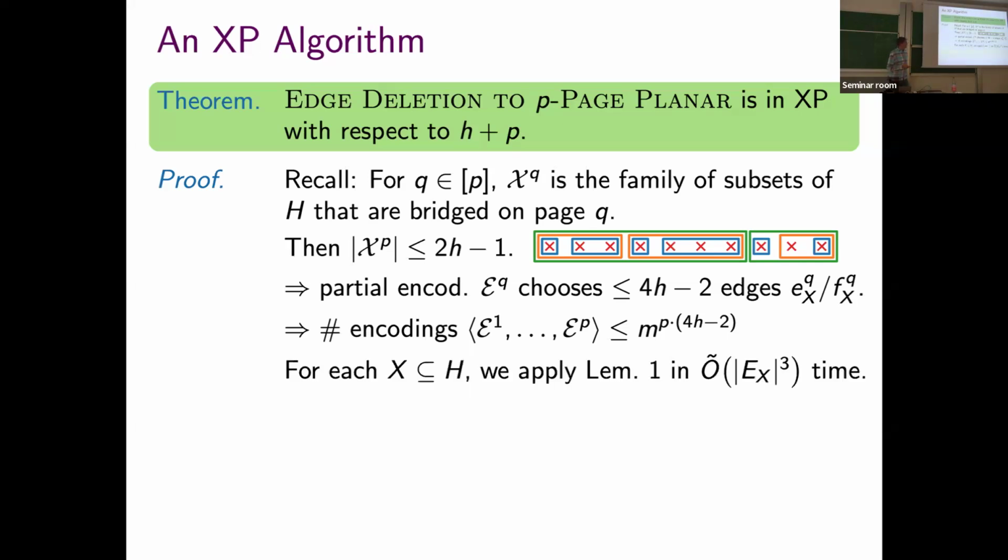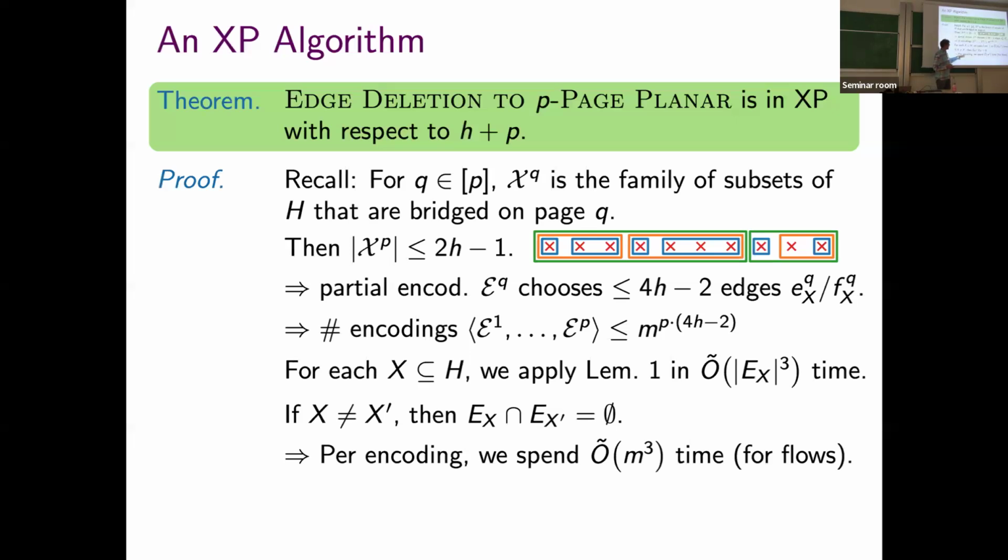Okay, and now for each subset of our hitting set, we apply lemma 1 in cubic time, roughly. If two subsets of the hitting set are different, then it means also the edges that are bridged by them are disjoint. So actually, for each encoding, we only spend cubic time in total.